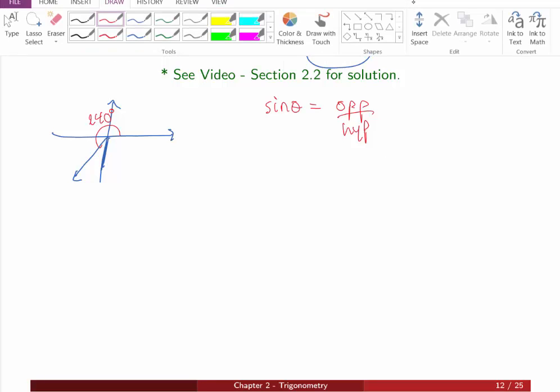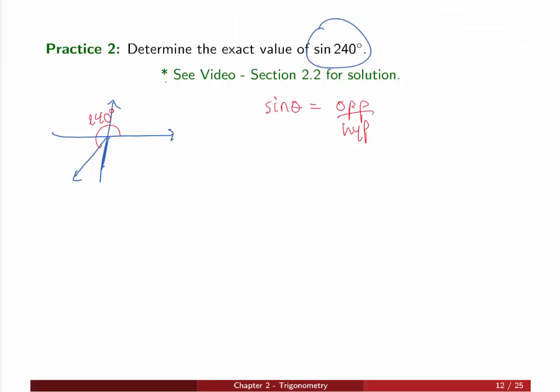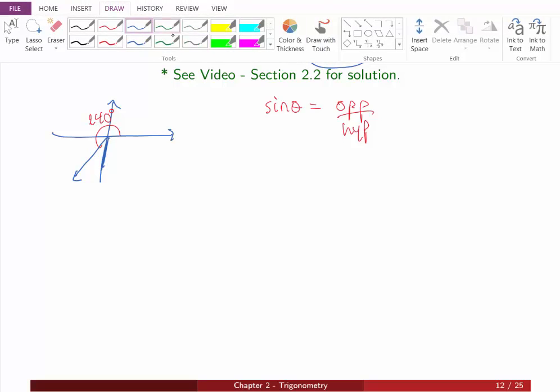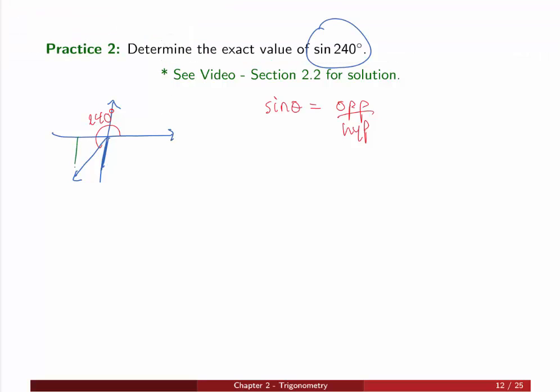We're going to use a special triangle here. And actually maybe I'll do this in green. And we'll extend this. What is this angle? That angle will simply be 240 minus 180, which will come out to be 60 degrees. If we extend this, that's 90 degrees, so this is 30.